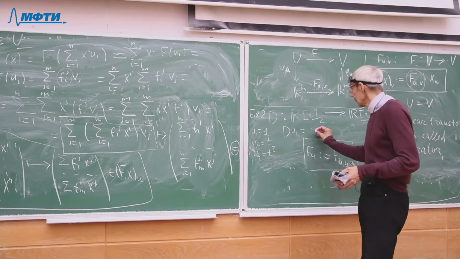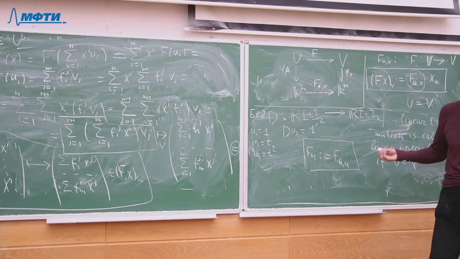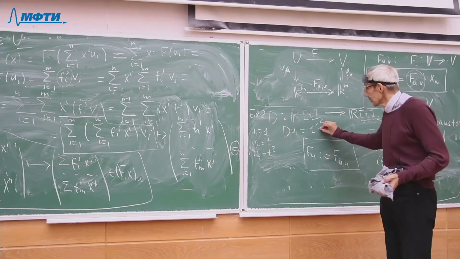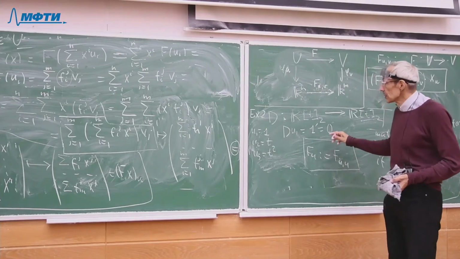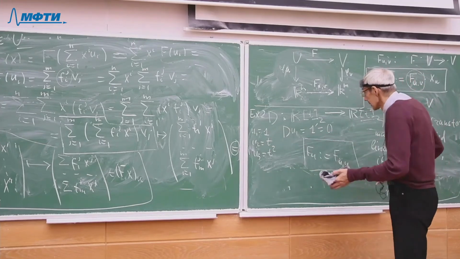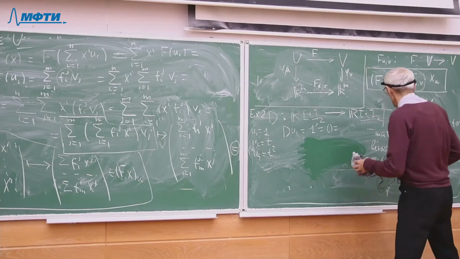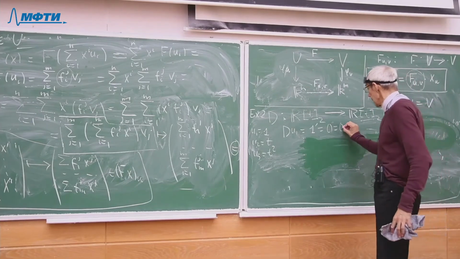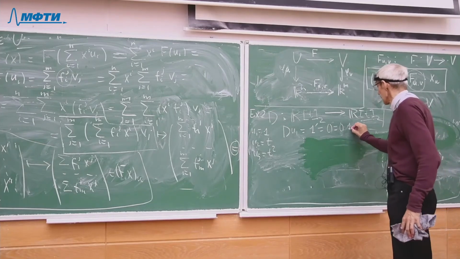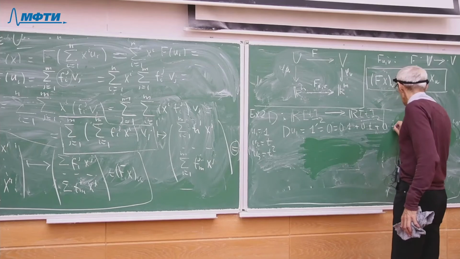I calculate the derivative of 1, which is 0. The derivative of a constant is 0, the zero polynomial. And the decomposition of this polynomial is the trivial linear combination: 0 times 1 plus 0 times t plus 0 times t squared.